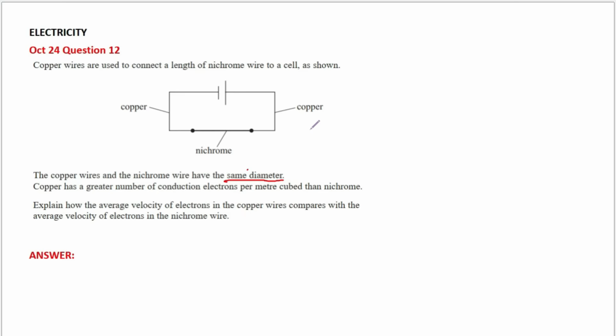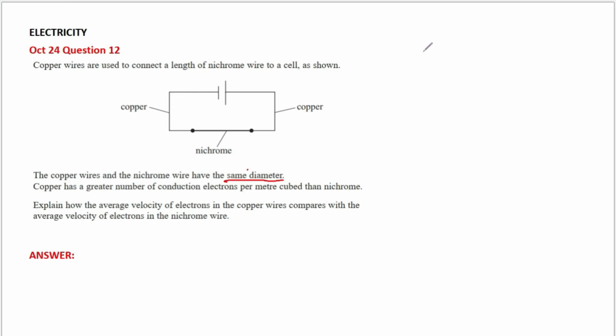Copper has a greater number of conduction electrons per meter cube than nichrome. Number of conduction electrons is basically charge carrier density. Remember that. Explain how the average velocity of the electrons in the copper wire compares with the average velocity of the electrons in the nichrome wire. So the average velocity of the electrons is basically the drift velocity.